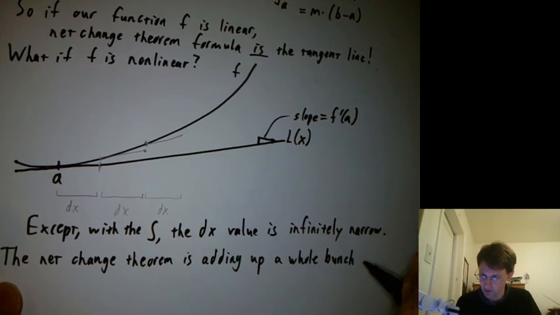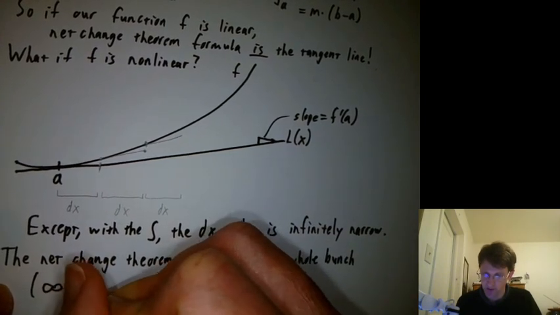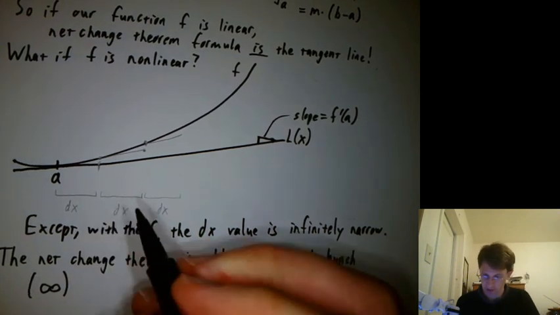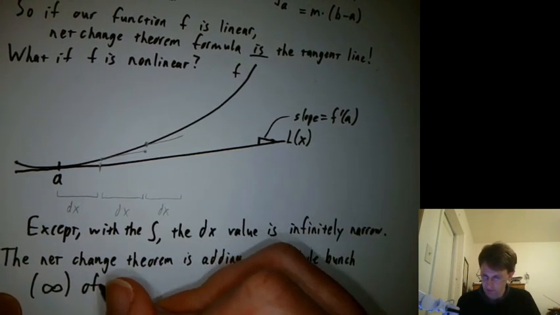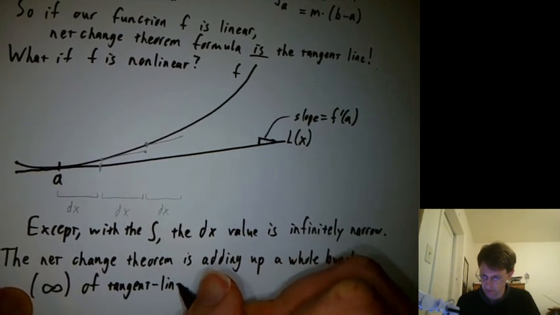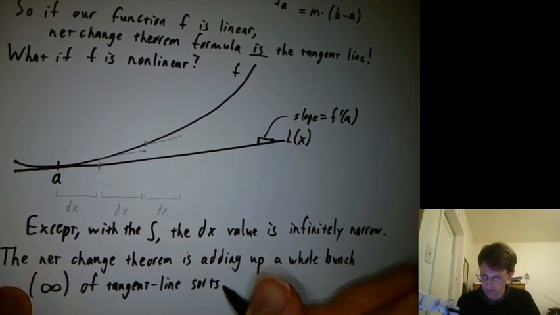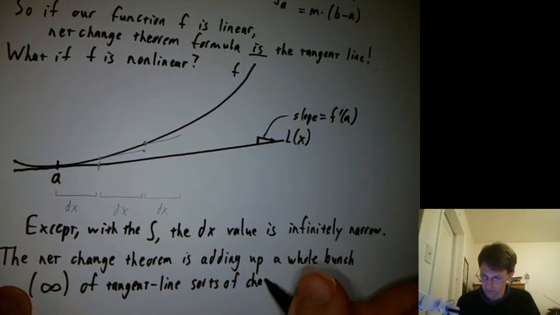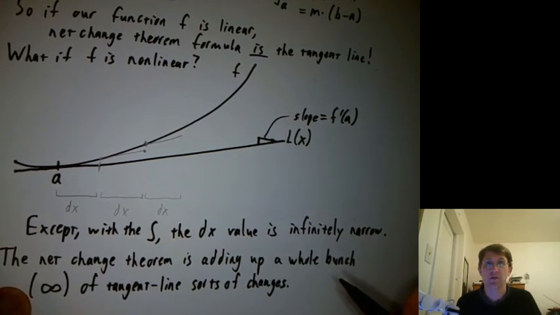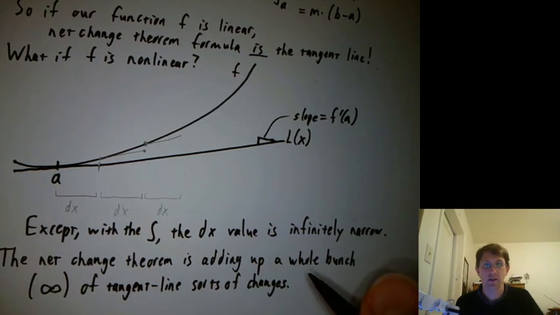And when we say a whole bunch, we mean an infinite number of them, just to get from one place to another, all these infinitely narrow boxes. So how's that for coming full circle from derivatives and tangent lines all the way to integrals and back?